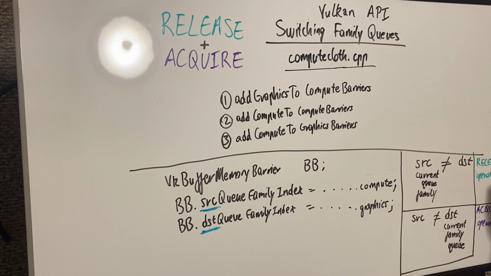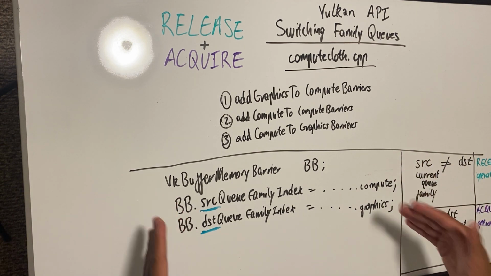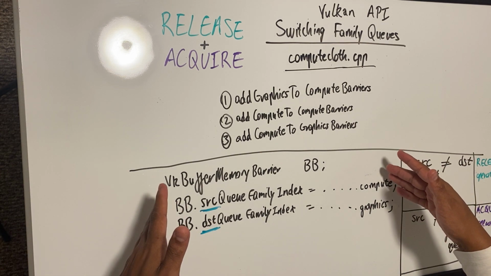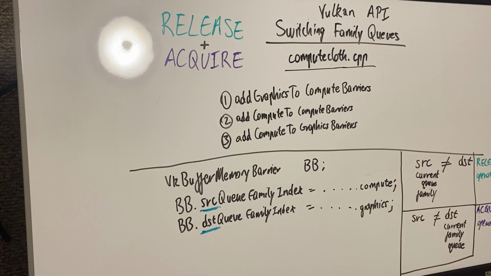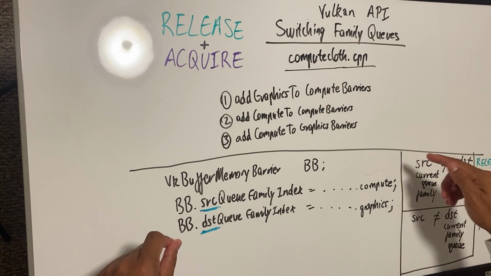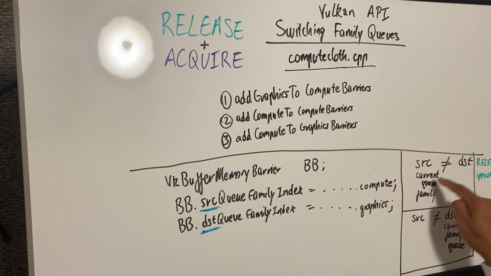And again, you're either doing a release or acquire operation depending on what you're doing. So initially, you're probably in the graphics family queue, and then you're doing this thing. So if you're in the graphics family, no, you're probably in the compute family queue, and you're doing this thing. So this boils down to a release because you're releasing the compute because it matches the source, right?